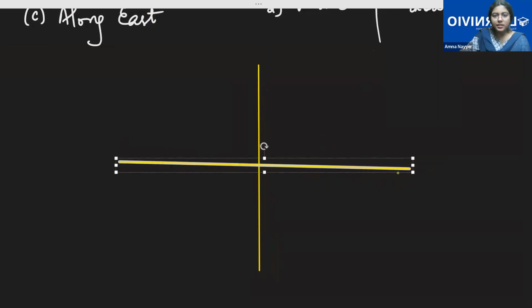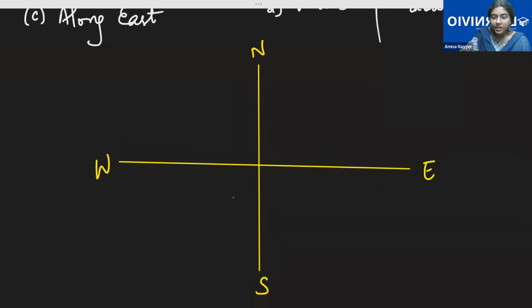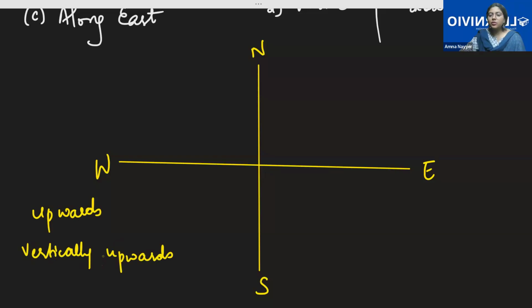See, this is north, south, east, west. Okay. There is a difference between these two terms, upwards and vertically upwards, because in vectors, the term vertically upwards is often used. Upwards means just up, like where your north is present.